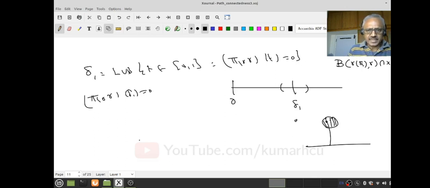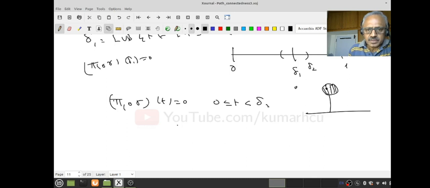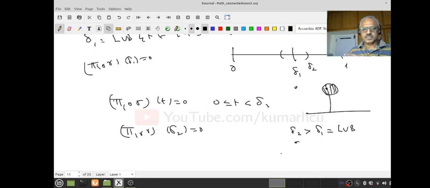Therefore you will see that there is a delta 2 which is strictly greater than delta 1, contained in [0,1]. So pi 1 composite gamma of t is 0 for 0 less than or equal to t less than delta 2. Therefore it follows pi 1 composite gamma of delta 2 is 0, but delta 2 is strictly greater than delta 1, and delta 1 is the LUB. Therefore this contradiction shows delta 1 must be equal to 1.